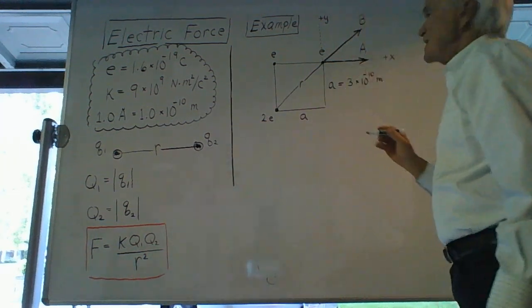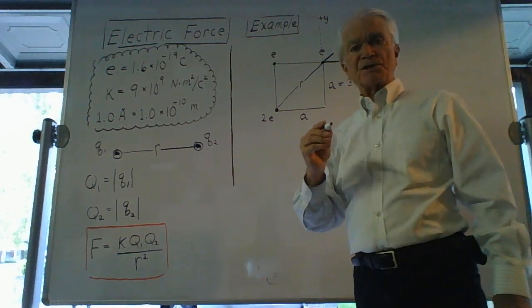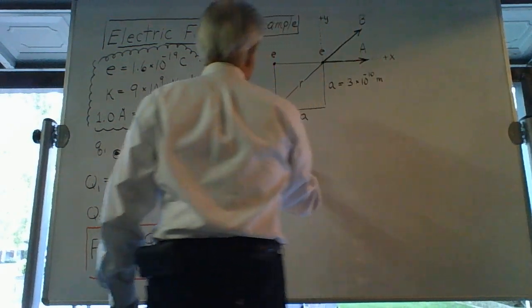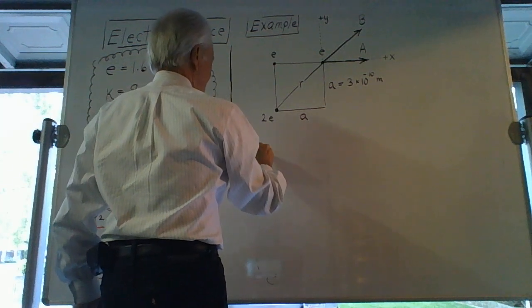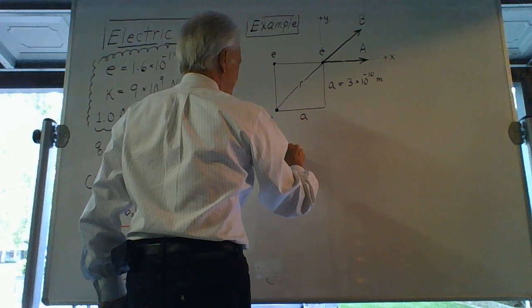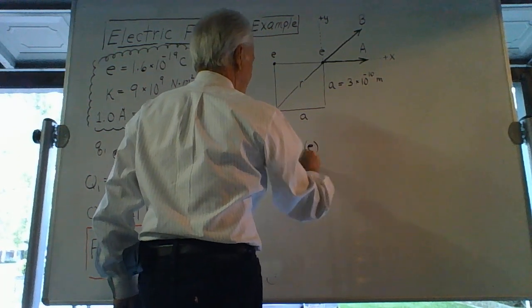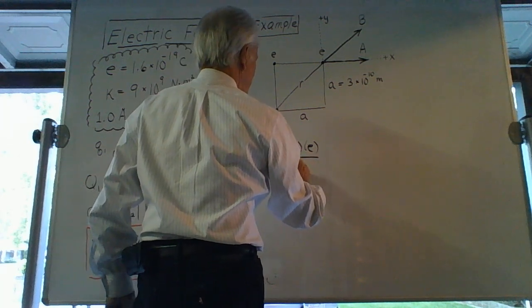Before we determine the net force on that charge, let's find the magnitudes, the lengths of these two vectors A and B. Well, the A vector is k times 2e times e divided by r squared.